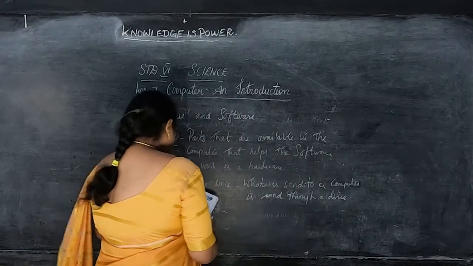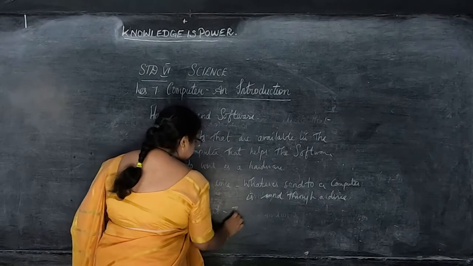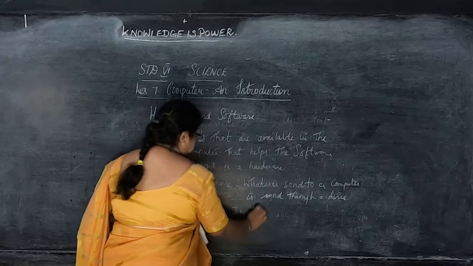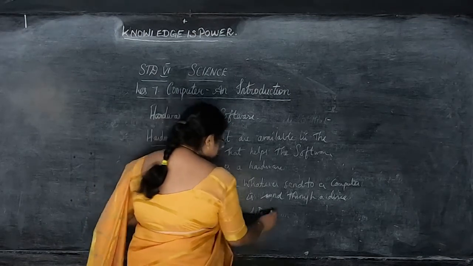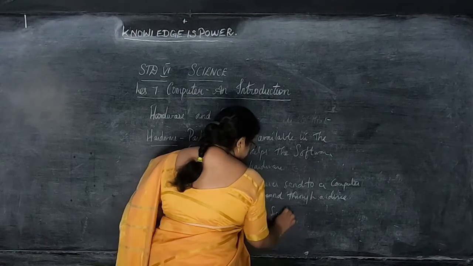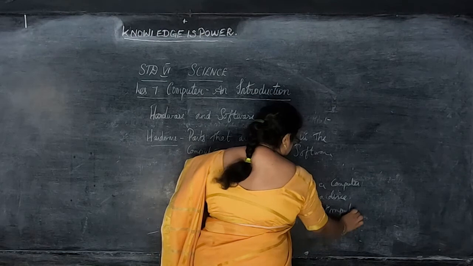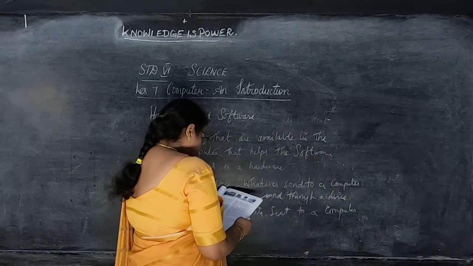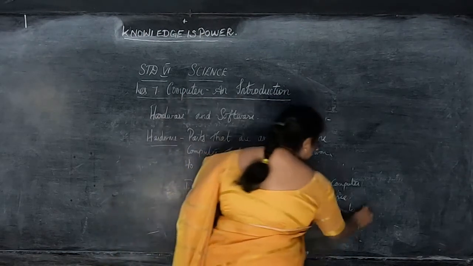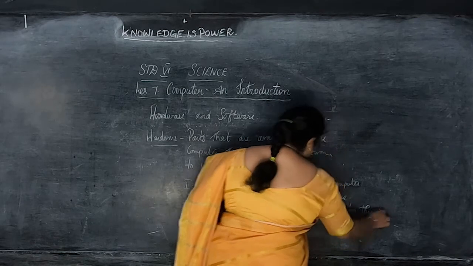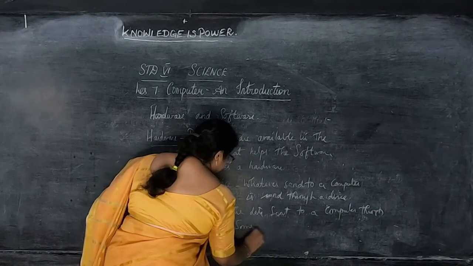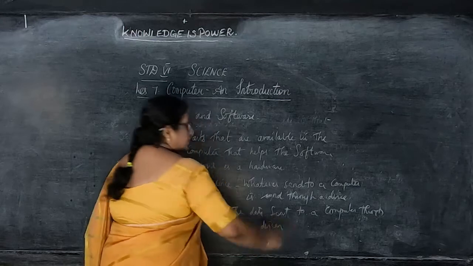Okay, children. Now the data or the information that has been sent to a computer through some devices, these are called output devices.